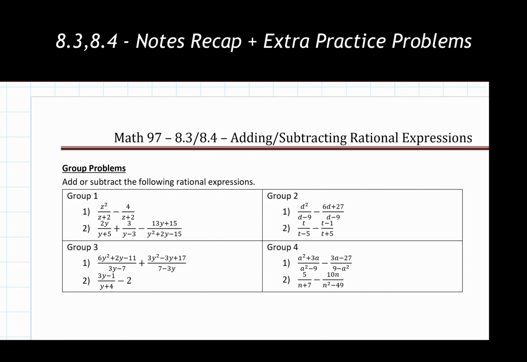But the big thing I want to emphasize and really make sure that we're also taking note of with these types of problems, these get long, they get complex, and there's a lot that's going on with them. So make sure you are showing your work and showing your steps as necessary. Do not skip steps.